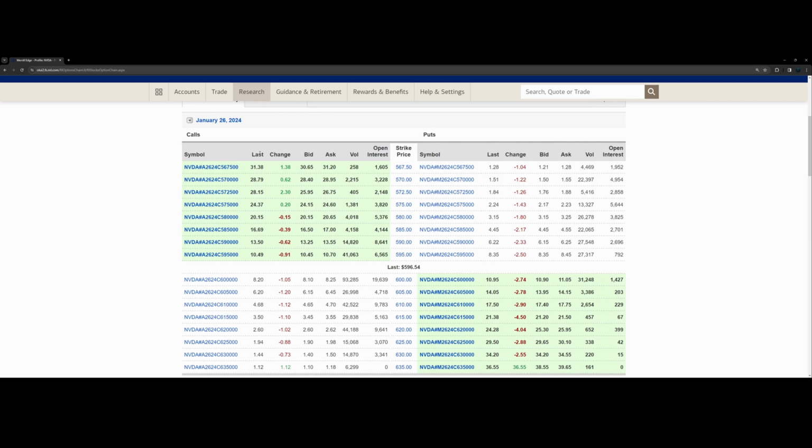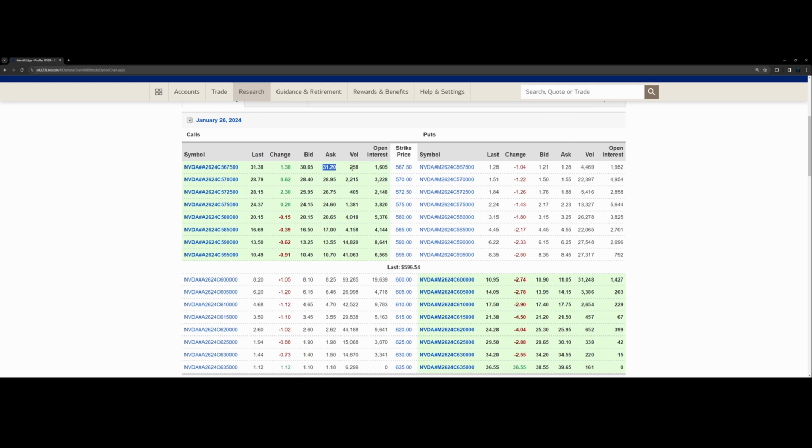Keep in mind, this may not accurately reflect the current value of the option. Change. Change is the difference between the last price and the previous day's close. Bid is the best price at which the option can be sold. Ask is the best price at which the option can be purchased.